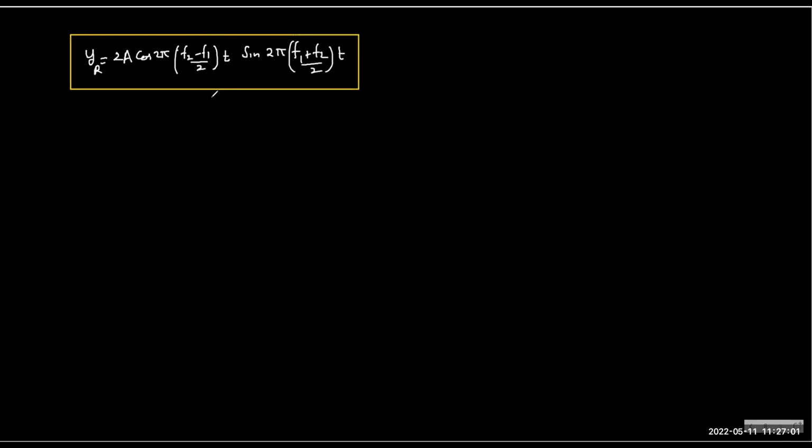So you can see which frequency is high, this or this. The right is high, and the left is low because it's a difference. So let's say if I take 100 and 101, the difference is half, but the sum is 100.5, so there is a huge difference.